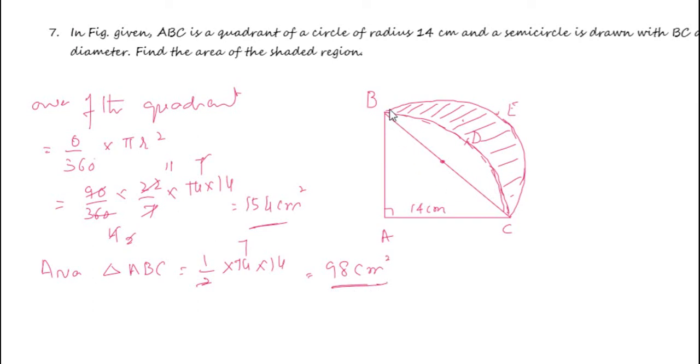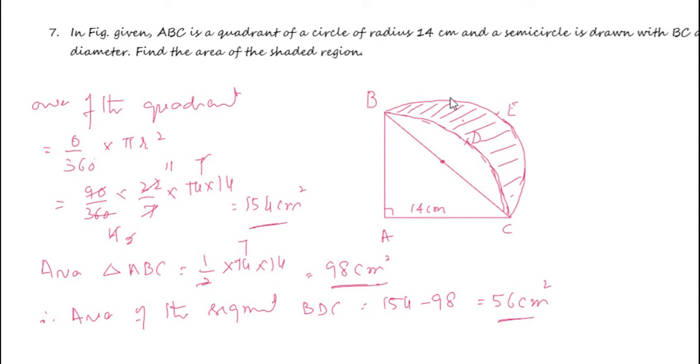Therefore, area of this segment BDC equal to 154 minus 98 is equal to 56 centimeter square. That is the area of this segment.